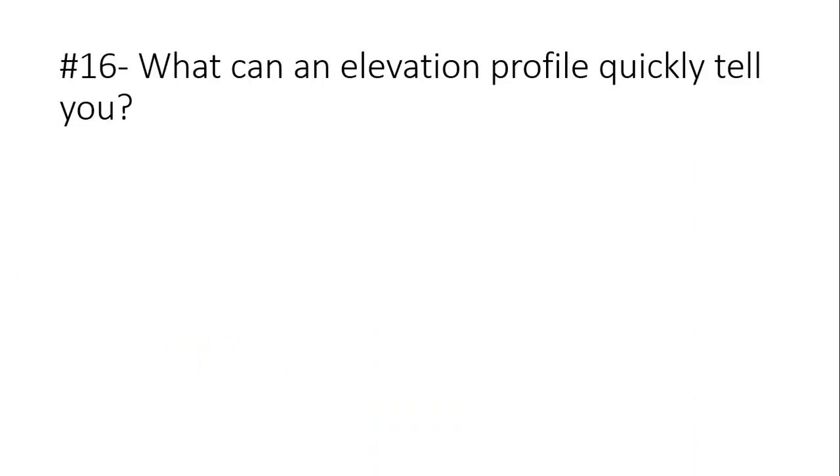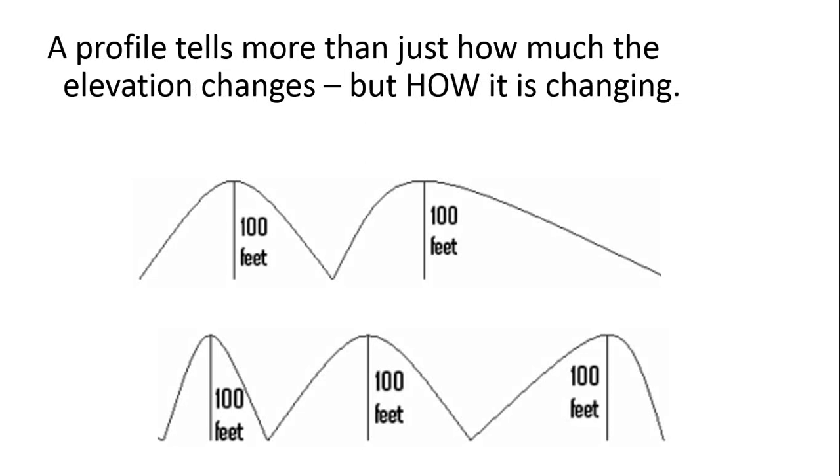This is question number 16 that I need you to add to the bottom of your notes page, and that's, what can an elevation profile quickly tell you about land? A profile tells you not how much the elevation changes so much, but how it is changing. It can tell you where the land is steep or not too steep just by a quick glance.